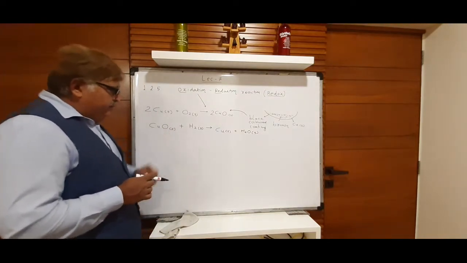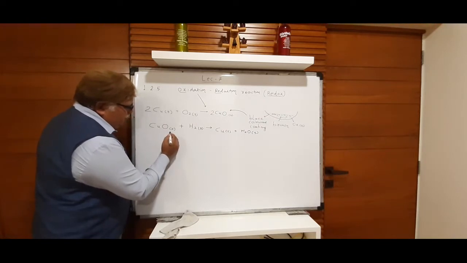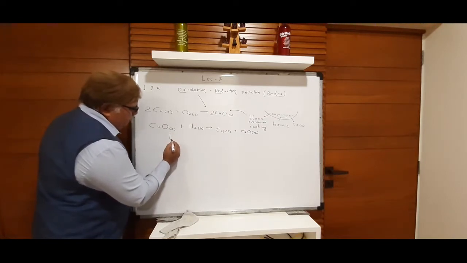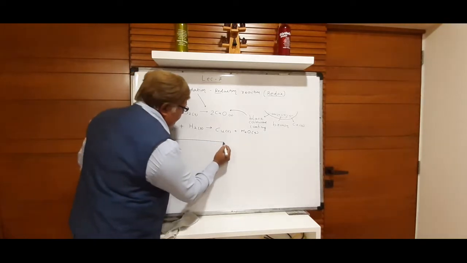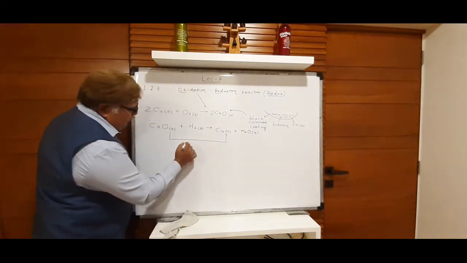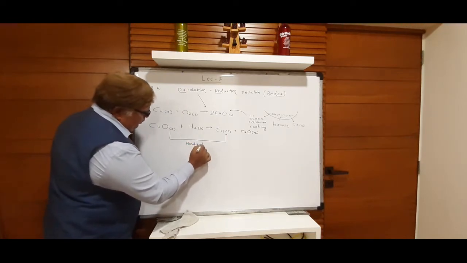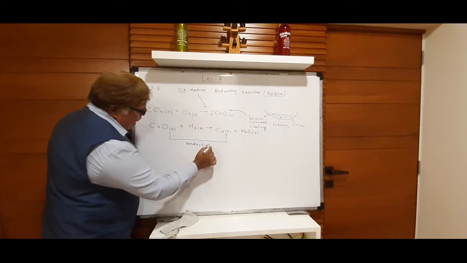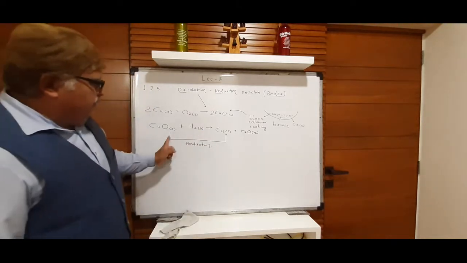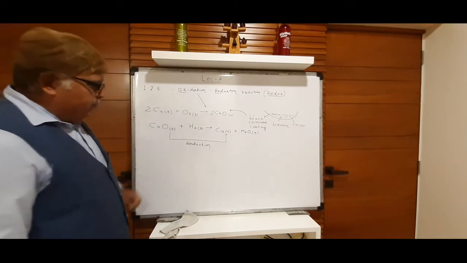My dear student, just observe here. From copper oxide, oxygen is removed and it is converted into copper. So I may call it reduction, definitely, because as per the definition of reduction reaction, when oxygen is removed, it is called reduction.